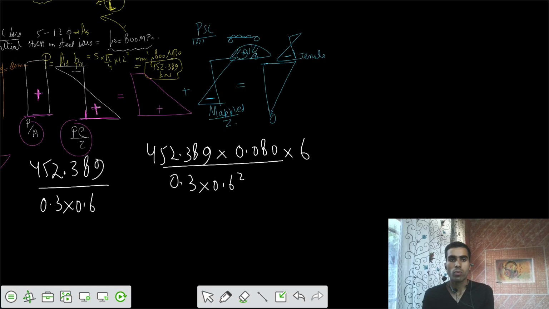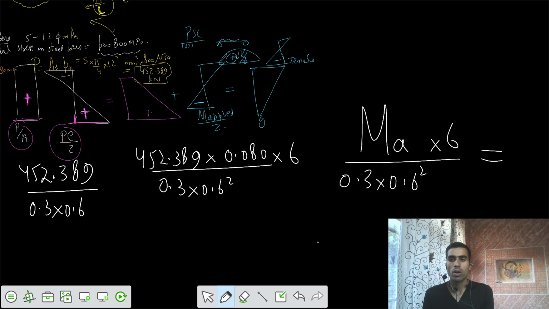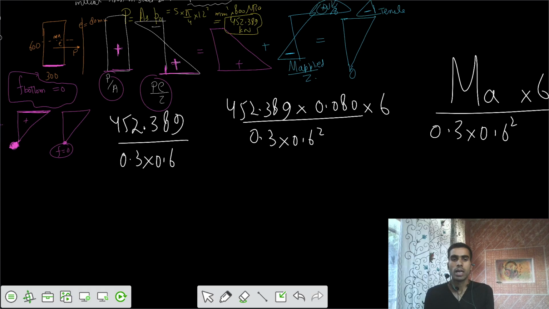And there is one more, some moment applied divided by BD square by 6, such that the overall value equals 0. That means the stress at the bottom should equal 0 as the final value.